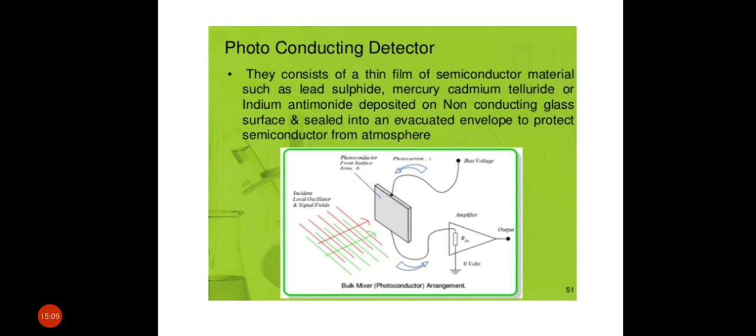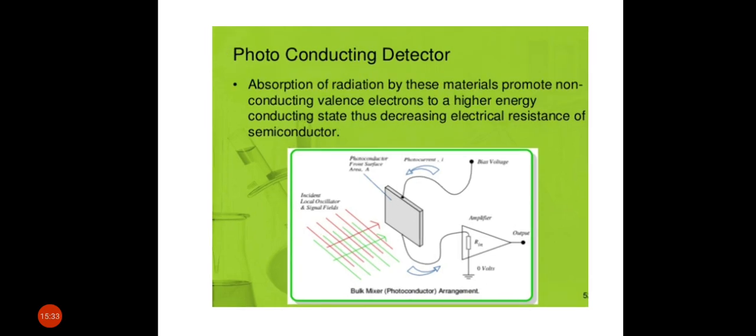Absorption of radiation by these materials promotes non-conducting valence electrons to a higher energy conducting state, thus decreasing the electrical resistance of the semiconductor.